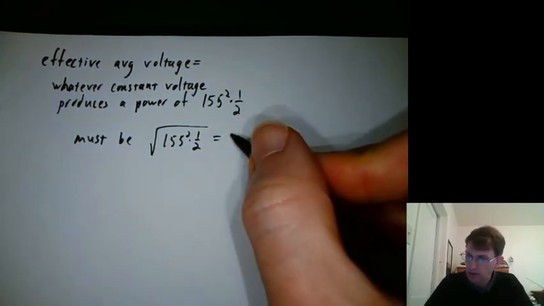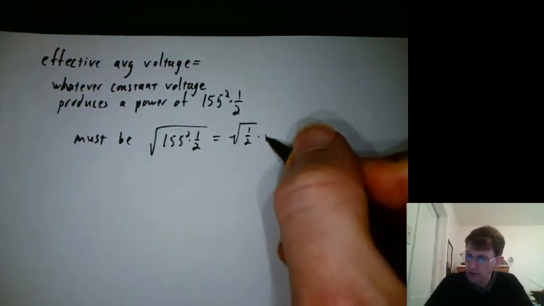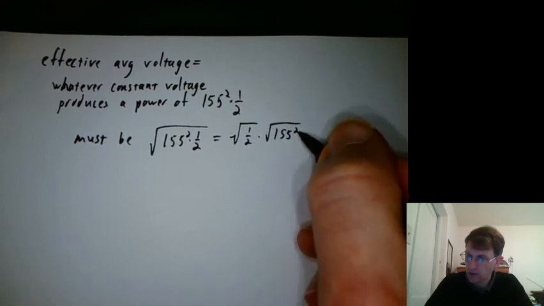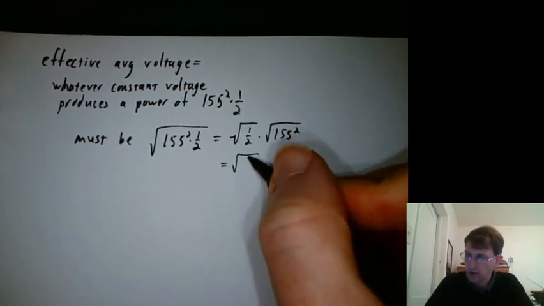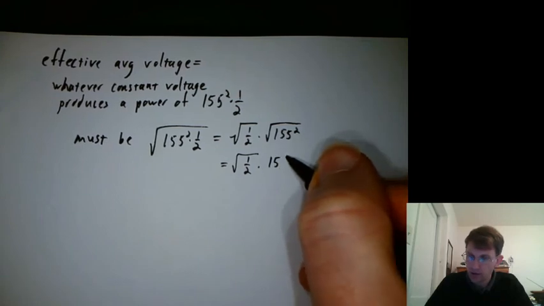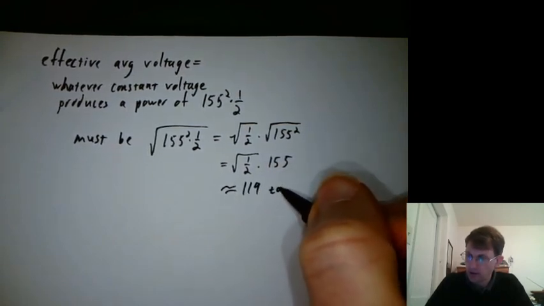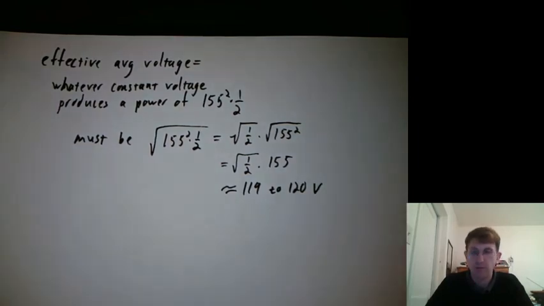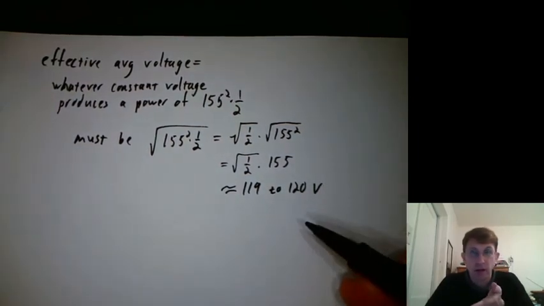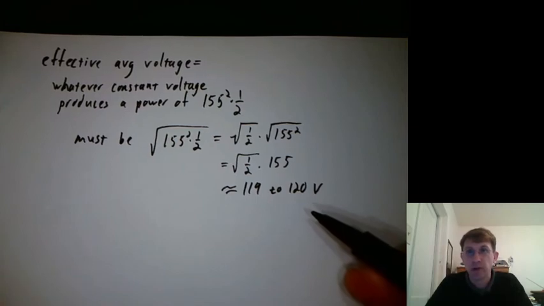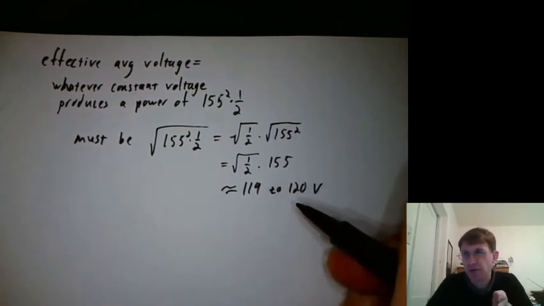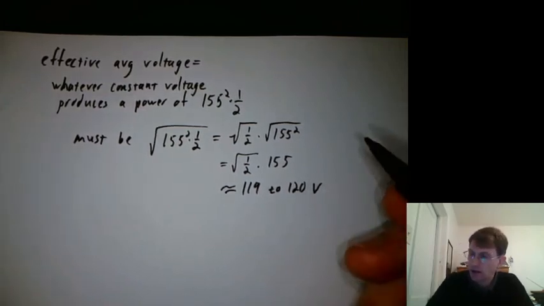Which is the square root of 1/2 times the square root of 155 squared, which is square root of 1/2 times 155, which is somewhere in the 119 to 120 volt region, which is what you might have heard described as common household power in the US is 120 volts. Some people say 110.